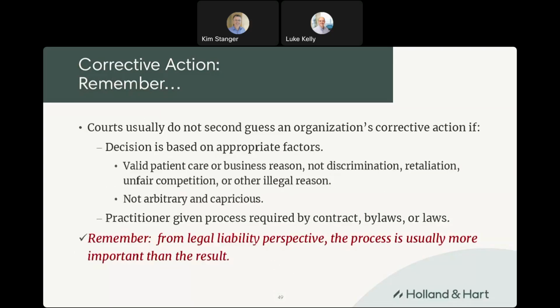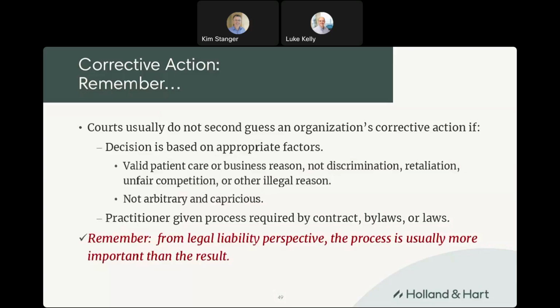The good news when it comes to corrective action, again, is that courts usually do not second guess an organization's corrective action as long as that decision is based on appropriate factors, meaning valid patient care or business reasons, not discrimination, retaliation, unfair competition, or the like, and that decision is not arbitrary and capricious, and that you gave that practitioner the due process that's required by the contract, bylaws, or other applicable laws.